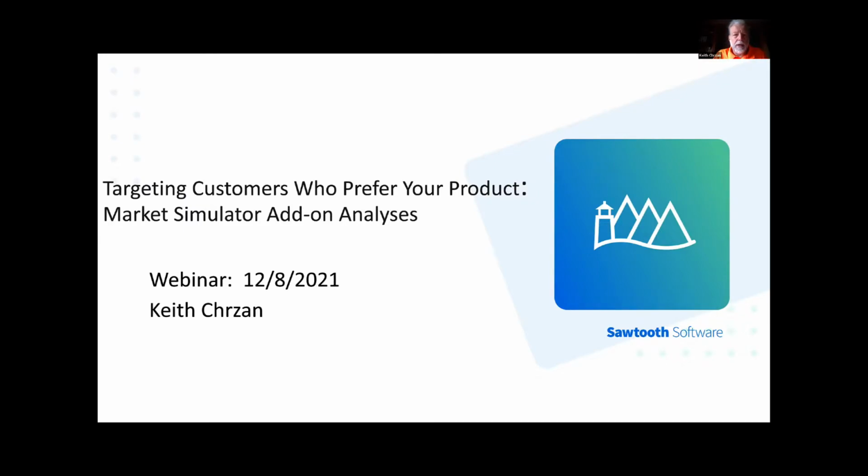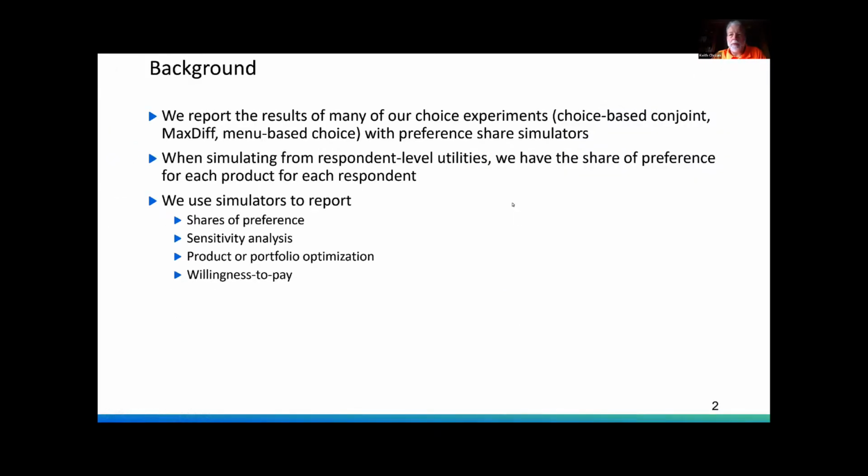By way of background, whenever we have our choice-based experiments, whether they're conjoint or MaxDiff or menu-based, we can construct preference share simulators.